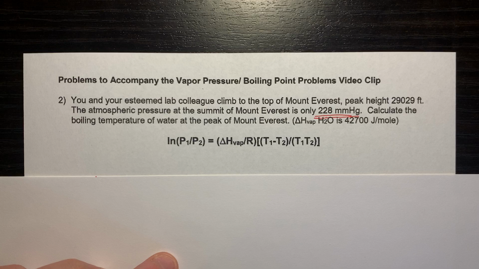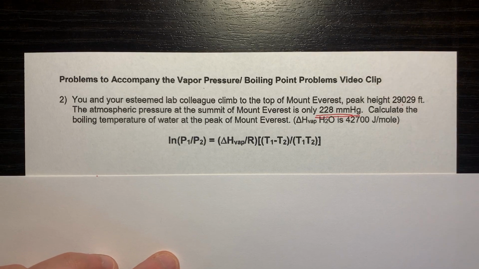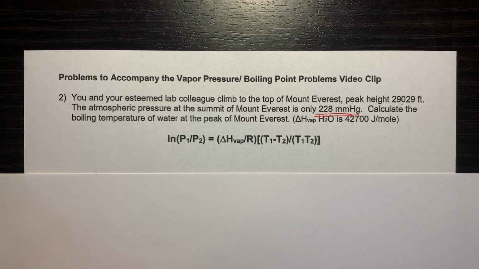So again, pressure is very, very low up there at 29,000 feet. And we're being asked to calculate the boiling temperature of water if we were at that summit, okay?